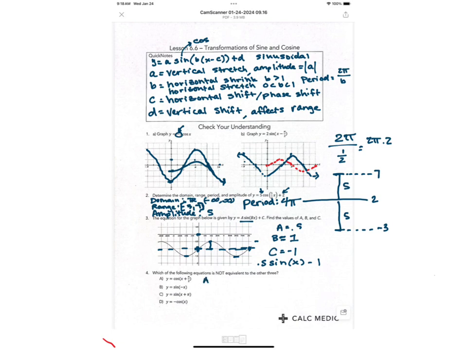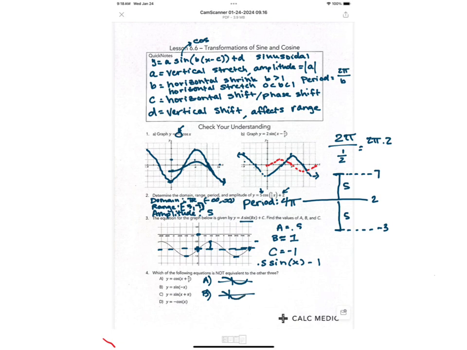Let's look at A. Let's graph it. Cosine of x plus pi over 2. What that means is I'm scooting my cosine function back pi over 2 to the left. Letter B says sine of negative x, which is a reflection of sine about the y-axis. It plays much like a reflection of sine about the x-axis.